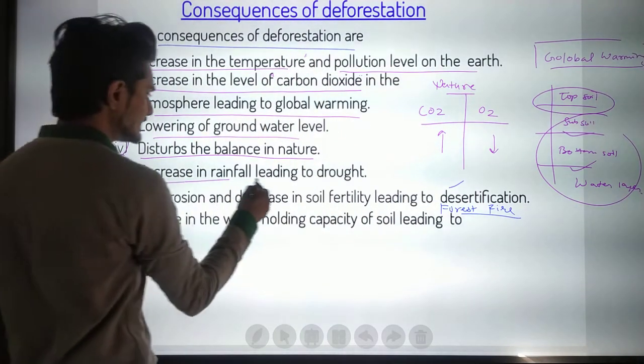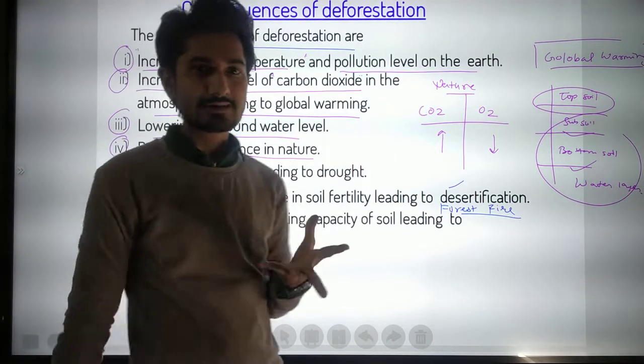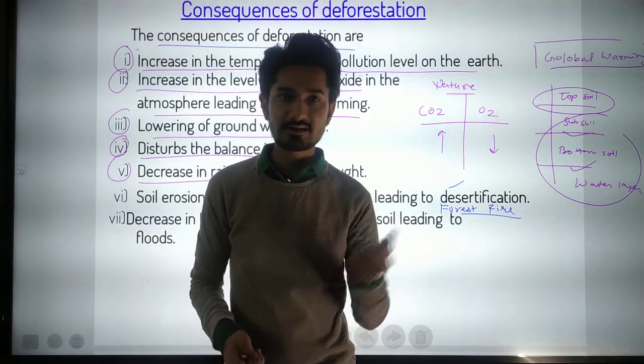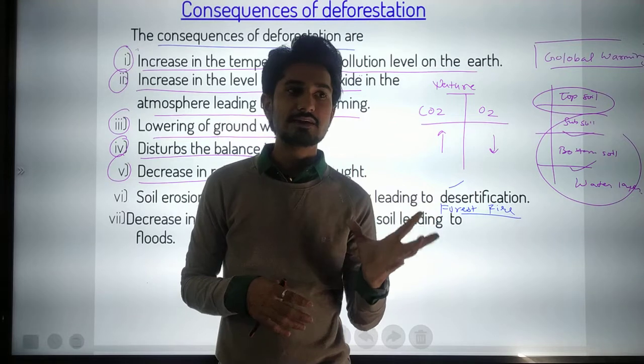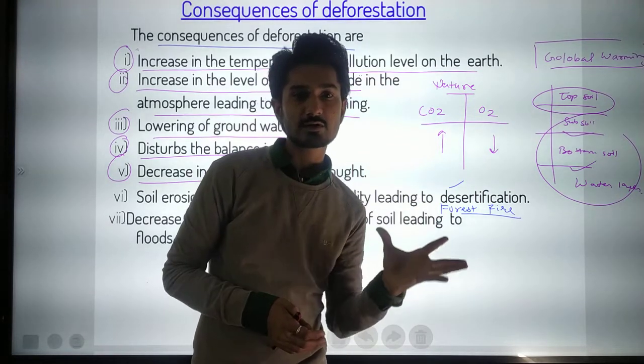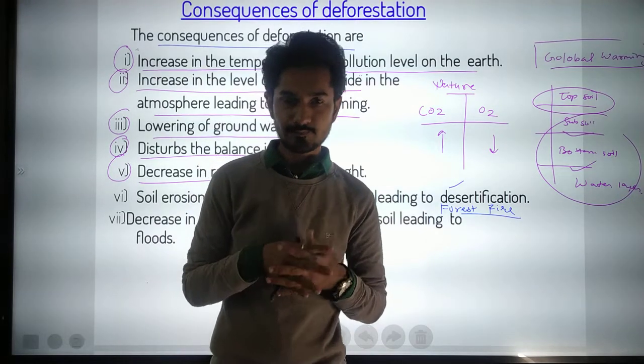Then, decrease in rainfall. You know that where we are planting trees, the rain will come much more. Whenever we are growing plants, whenever we are growing trees, it will automatically bring rain over there.